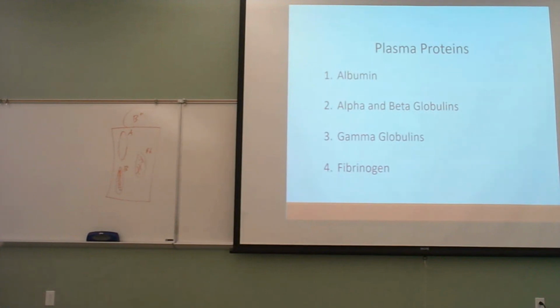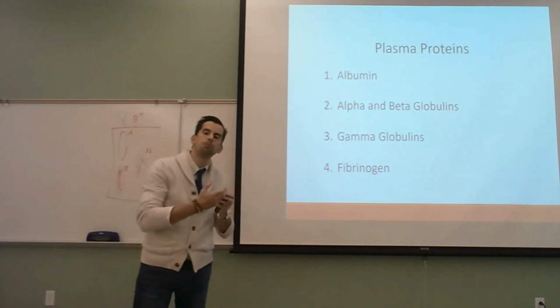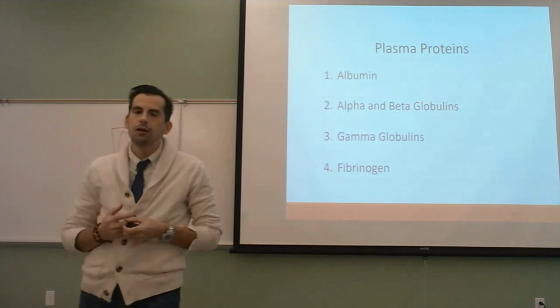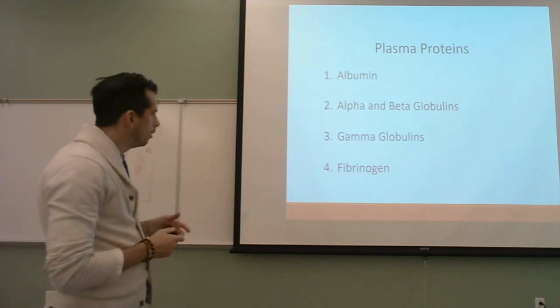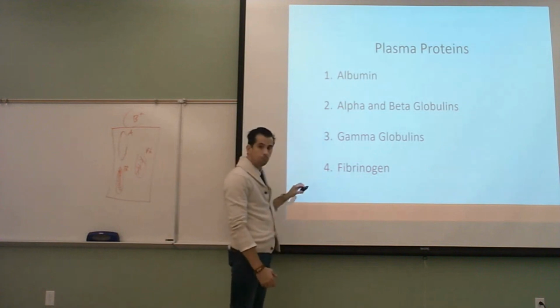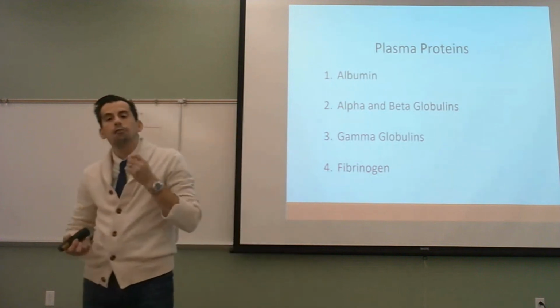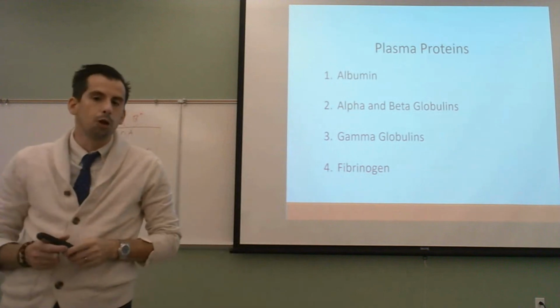We see these proteins turn into an insoluble fibrous net, which then catch blood cells as they go past, forming a clot. We'll talk about the globulins once we get to immune function. And we'll talk about albumin when we talk about fluid shift into and out of a capillary and blood pressure.